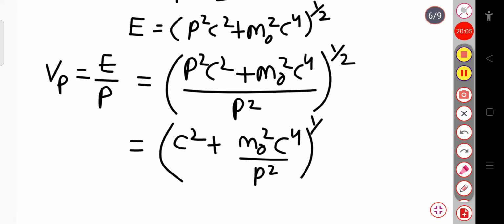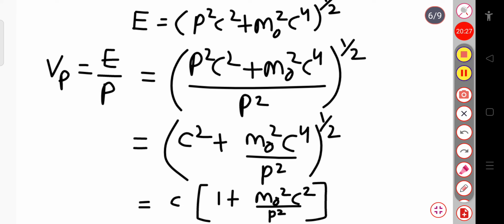So this power 2 and this 1 by 2 get cancelled, and the denominator is simply P. Now the P square cancels, and this is (C square plus m naught square C power 4 divided by P square) whole power 1 by 2. If I take C square common, its power is 1 by 2, so this will be C into (1 plus m naught square C power 2 divided by P square) whole power 1 by 2.